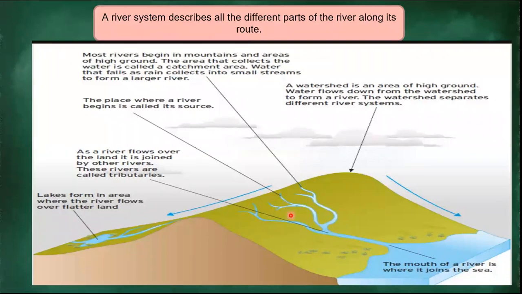You see here at this point, the rivers are joining together. So meaning most of the rivers here in South Africa, at some point they join together. These rivers are called tributaries. So these rivers that join together are called what? Tributaries. Moving forward.